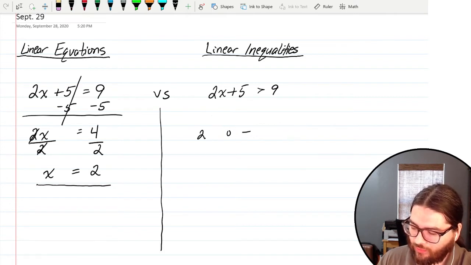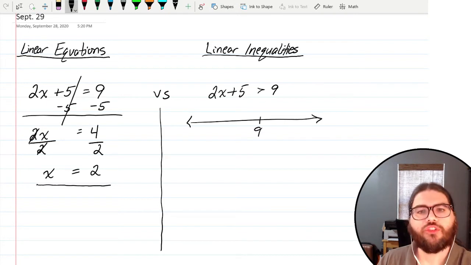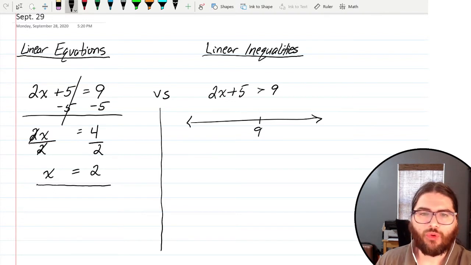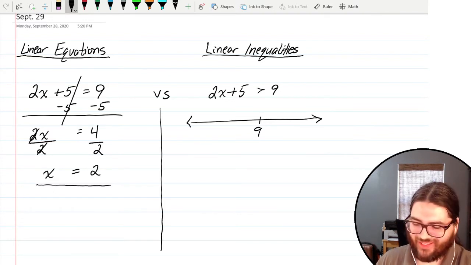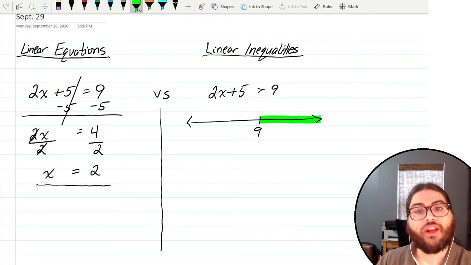And that's because when we're talking about greater than, less than, we're really thinking about a number line. 9 lives somewhere on this number line. Without any other reference points, I can mark 9 wherever I want to. And all of the numbers to the right of 9 on the number line are greater than 9.